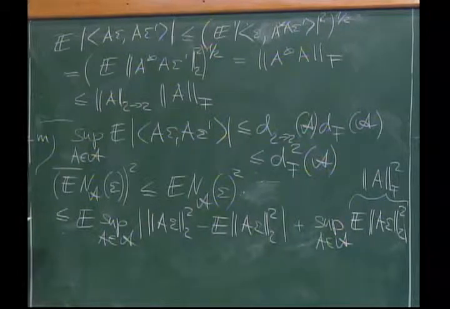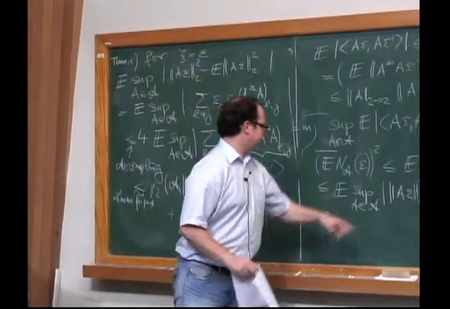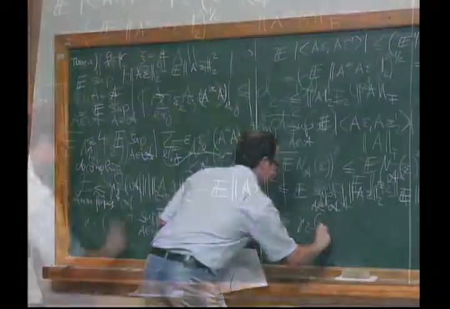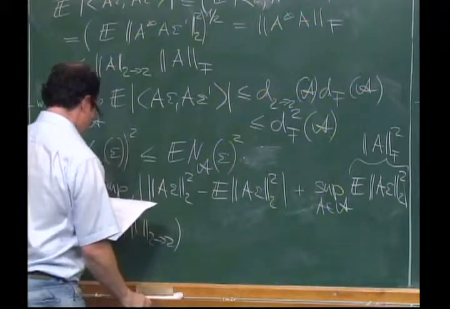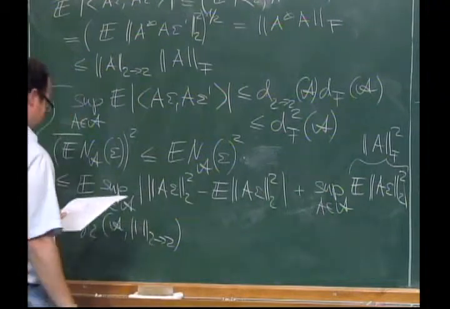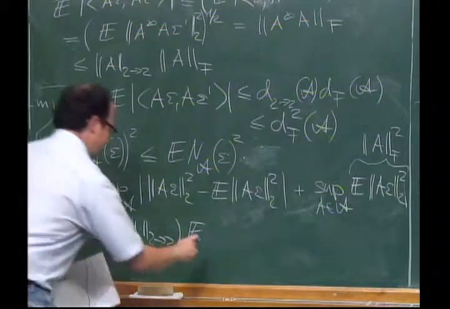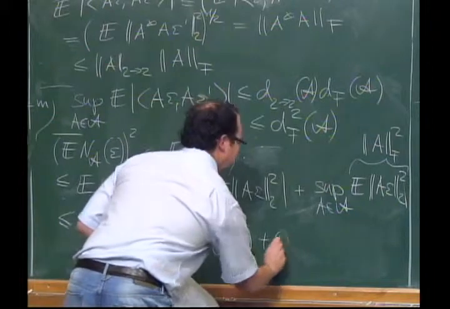So, okay, and so we just derived that from here that this term is bounded by gamma 2 of A in the spectral norm plus epsilon times E plus.